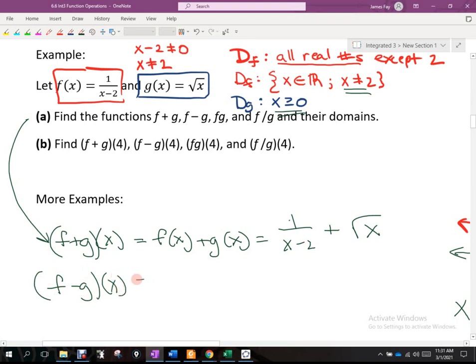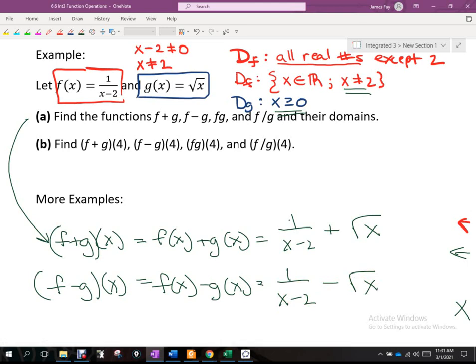If I want to go f minus g of x, it's f of x minus g of x again. So f of x, 1 over x minus 2, minus g of x, radical x. You just basically cut and paste the two functions you're adding or subtracting together, put them down, and then your domain is that domain we've already found.